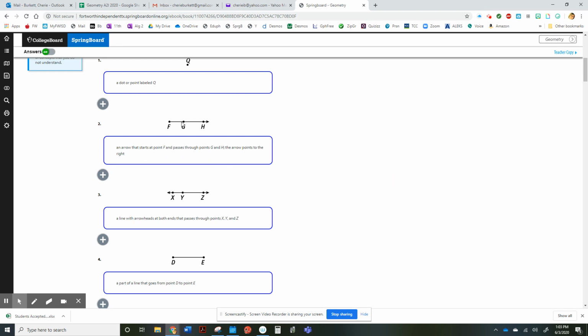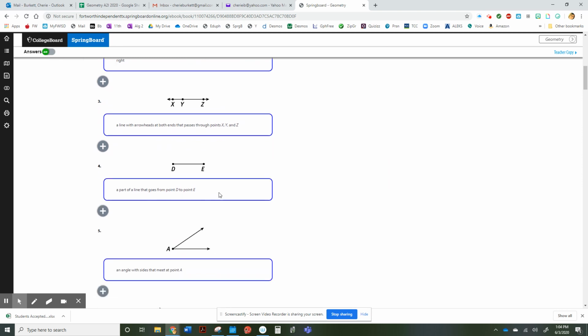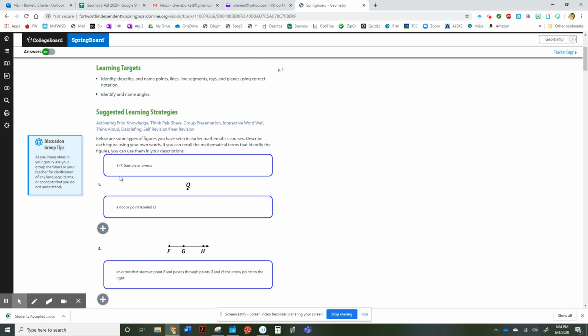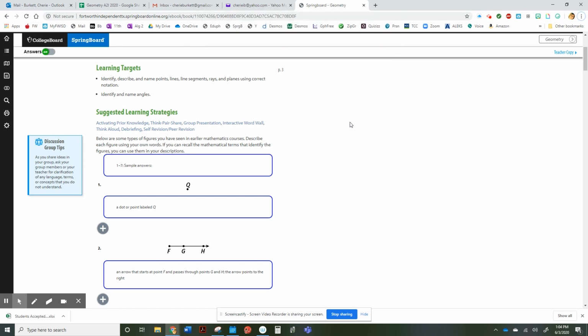You've got an arrow going this way and it passes through those points. You might say the arrow passes to the right or is pointing to the right. Some very basic descriptions. Yours do not, by all means, have to match this. Notice it says here that these are sample answers. So if you don't have written down what they have, that's quite all right. Sorry, I hit a button.